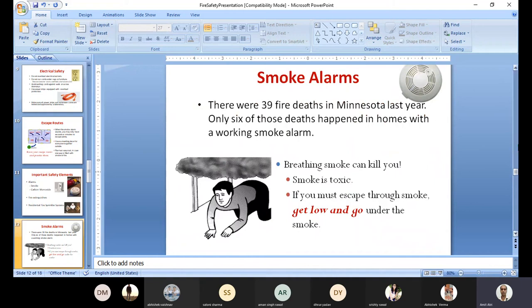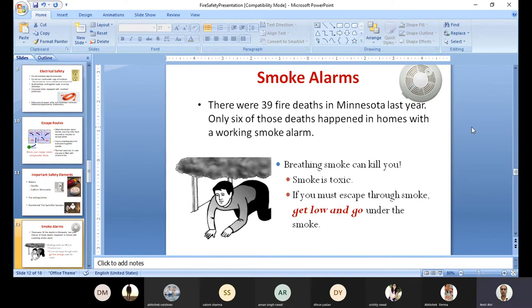Here, smoke alarm. This is some type of survey data which is here. You need not learn it by heart. Breathing the smoke is another health issue related to it, because the smoke is toxic.